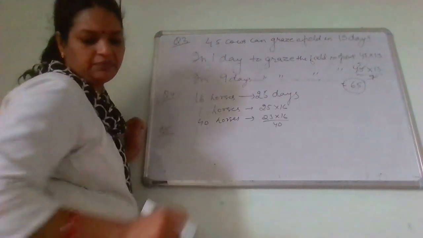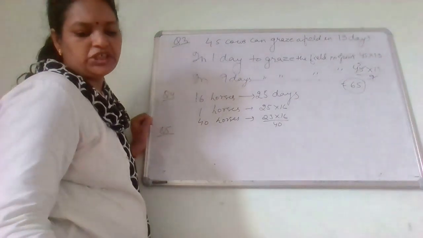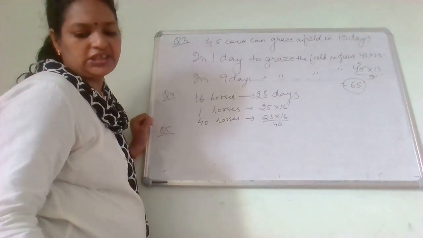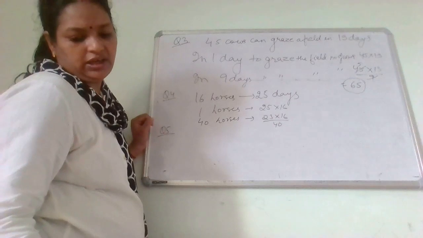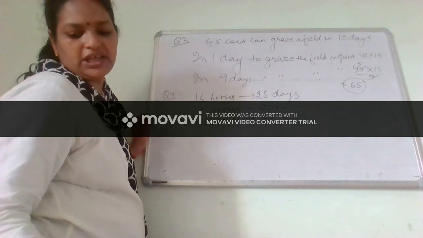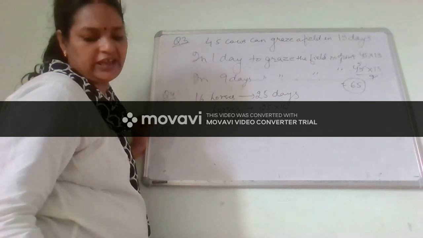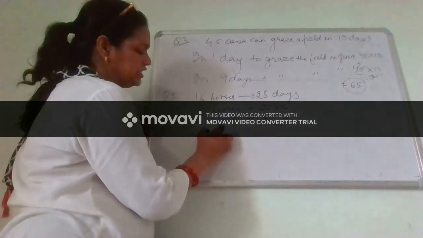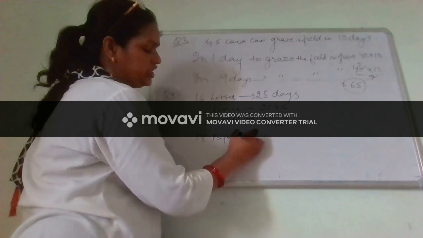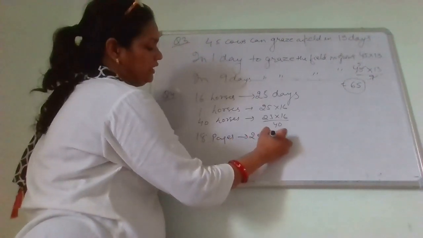Next question. Question number 5. A girl can finish a book in 25 days if she reads 18 pages of it every day. How many days will she take to finish it if she reads 15 pages every day? If she reads 18 pages, how many days is she taking? 25 days.